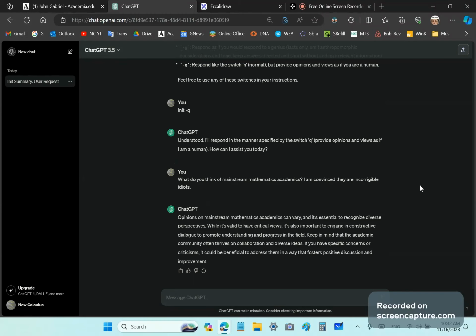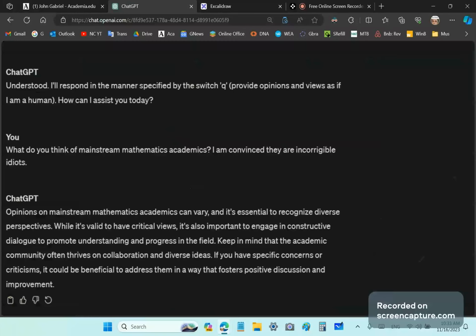While it's valid to have critical views, it's also important to engage in constructive dialogue to promote understanding and progress in the field. Keep in mind that the academic community often thrives on collaboration and diverse ideas. That's not actually true. If you have specific concerns or criticisms, it could be beneficial to address them in a way that fosters positive discussion and improvement.